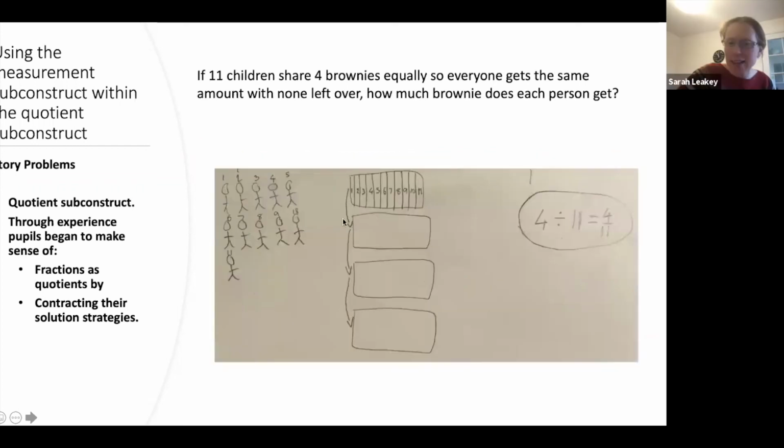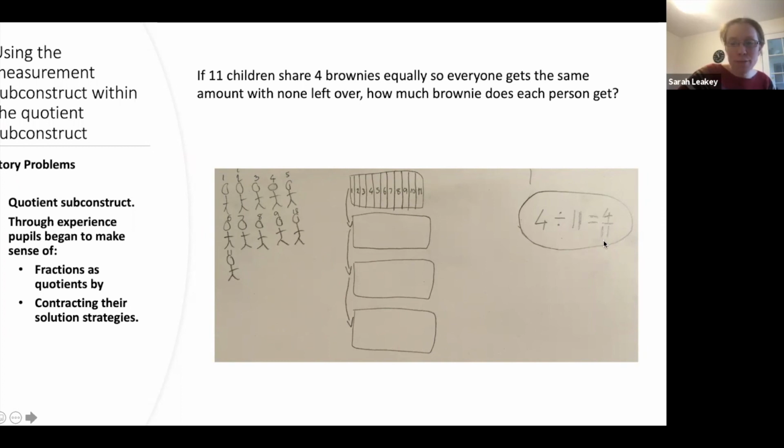And then here, same kind of thing, but this pupil's gone one step further. They've identified the equation that corresponds with this, and then they've identified the fraction that's a result of that problem. So they start to see, all right, 4 divided by 11 equals 4/11. And then they'll start not needing to do these drawings at all and just be able to move straight into that.